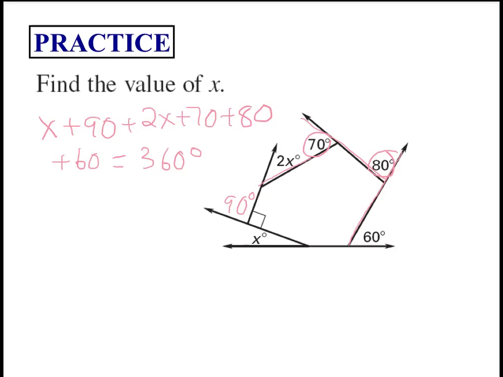So here we combine like terms, and we have 3x plus 90 plus 70 plus 80 equals 300. Then we subtract 300 from both sides. We have 3x equals 60, so x has to equal 20.